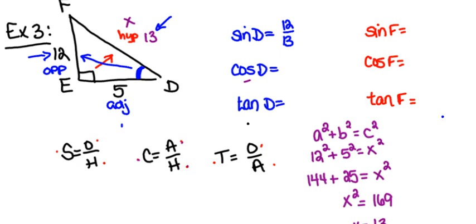So cosine is going to be 5, the adjacent, over the hypotenuse, 13. And tangent of angle D, well, taking oats away, or tangent equals opposite over adjacent. So opposite is 12, adjacent is 5. So tangent of angle D is 12 over 5. I don't know why I wrote 15 in there.